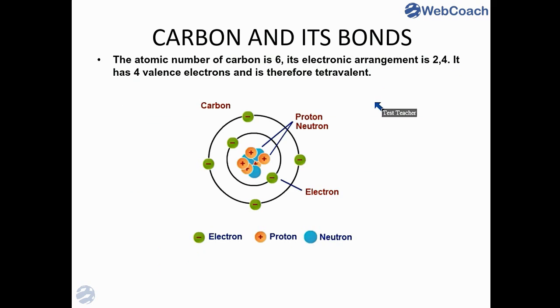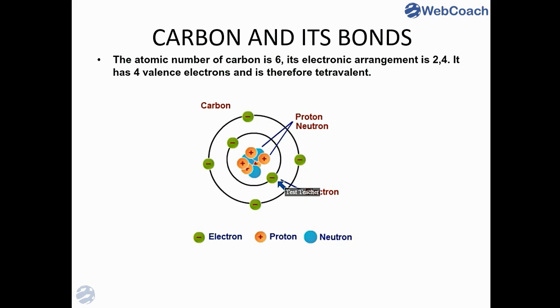Okay, so carbon and its bonds. Carbon is a very small element. Its atomic number is just 6. So does anybody have an idea about how the electronic arrangement is done? Any atom has a center or core called the nucleus, and in the nucleus you have positively charged particles, protons, and neutrally charged particles called neutrons. Spinning around the nucleus are clouds of electrons.